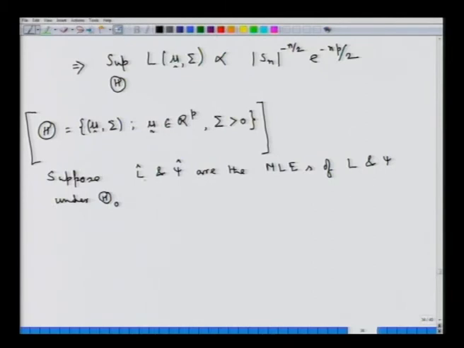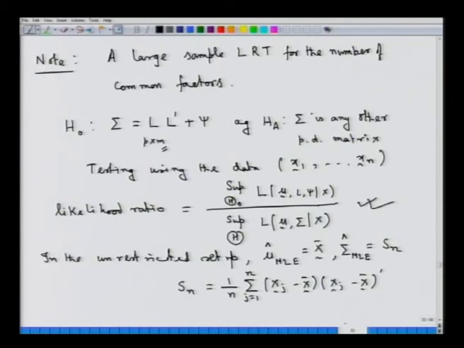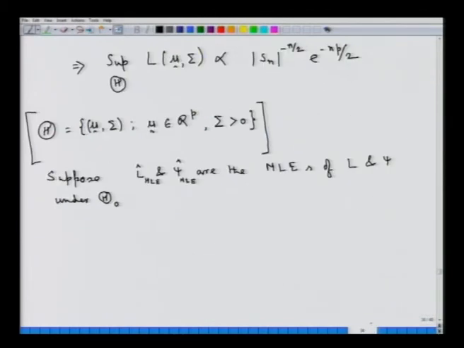Under H naught, how is it going to matter? Under H naught we will have a fixed m here. For that fixed m we will look at the m factor model, and that is going to determine that this L hat MLE and psi hat MLE have the dimensions specified through the null hypothesis, that m factor.